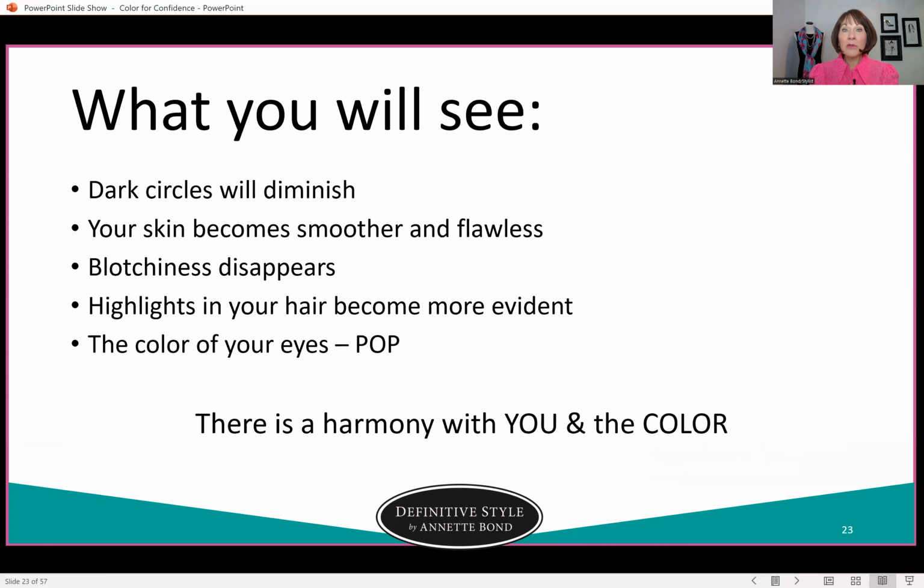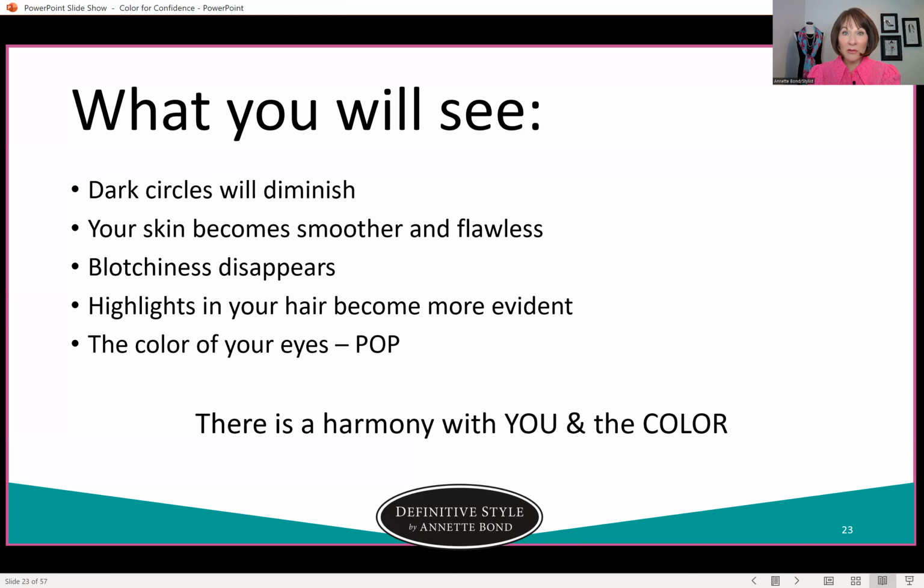You will also see that your skin tone becomes very smooth and flawless. The opposite can occur if you are wearing the wrong colors: you will start seeing more blotchiness. If you are wearing the right colors, blotchiness starts disappearing and your complexion is smoother.